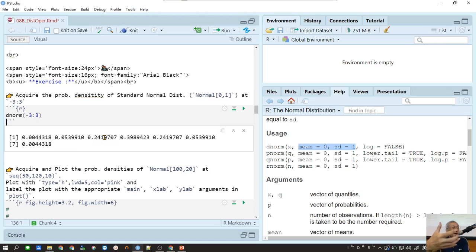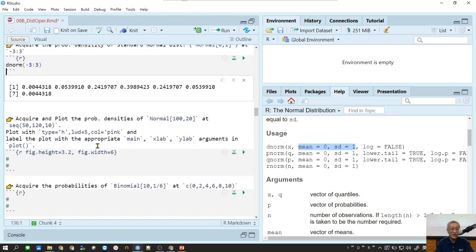It returns the value of the PDF of the standard normal when x equals -3, -2, -1, that type of thing. Okay? So this is the way to use the d function to calculate the density. But this is not probability, right? So actually, it's not very useful. It tells you the density, but it's not probability.